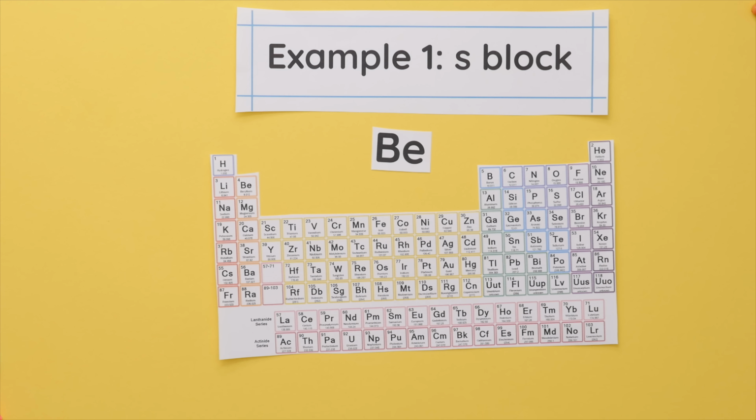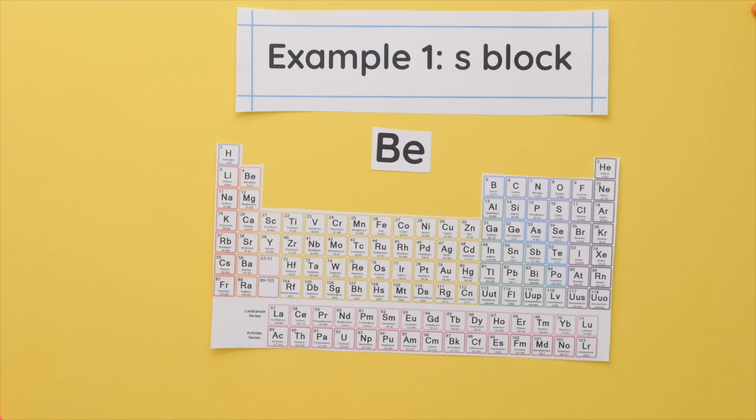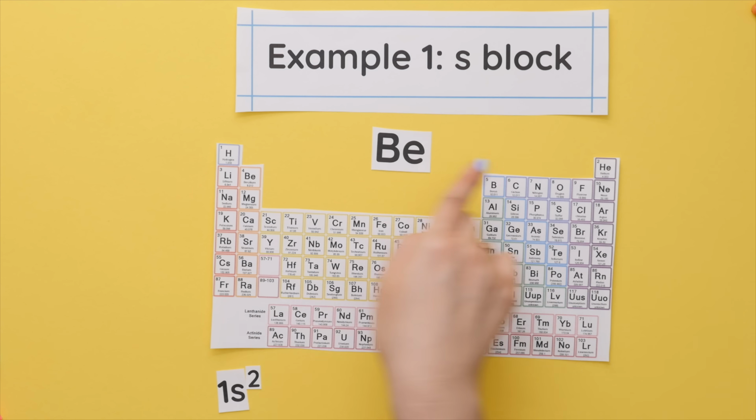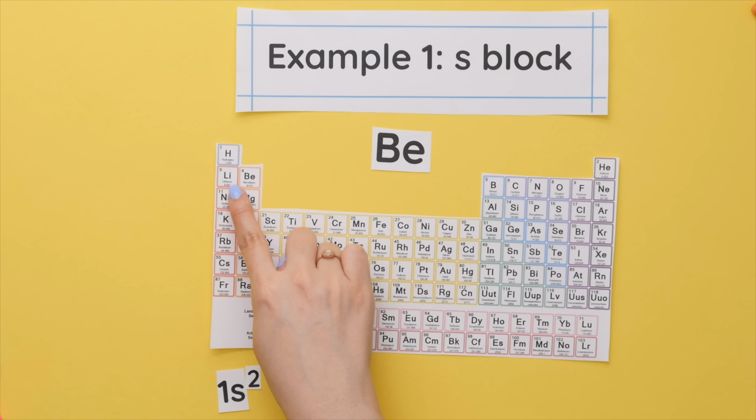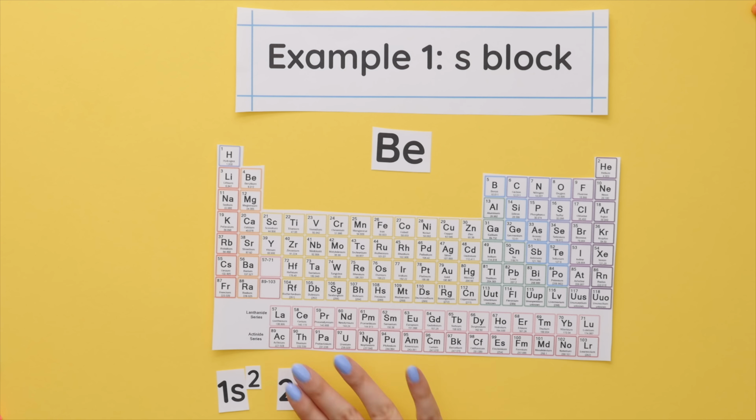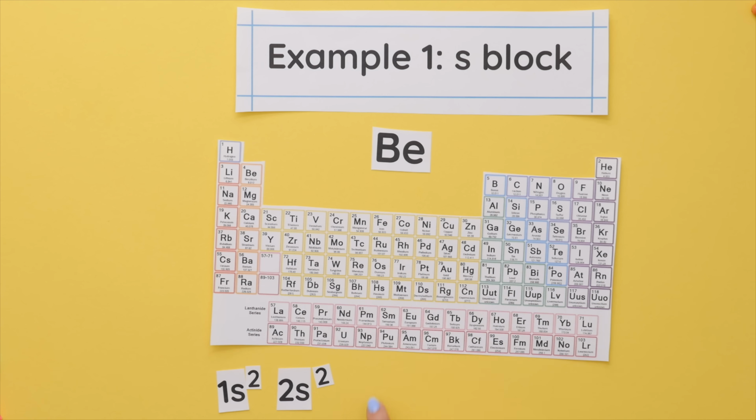So writing our electron configuration, since we start with the first row, hydrogen is 1s1, we move on to helium, which is 1s2. Next, we are on the second row, but still in the S block, so 2s1, 2s2, and we stop since we reached the element we wanted. This is the electron configuration of beryllium.